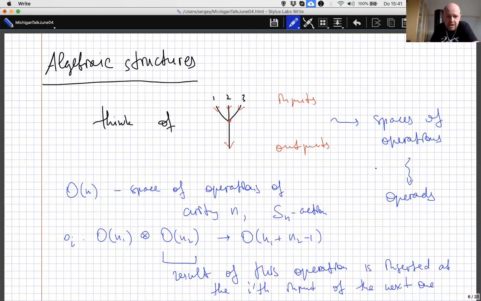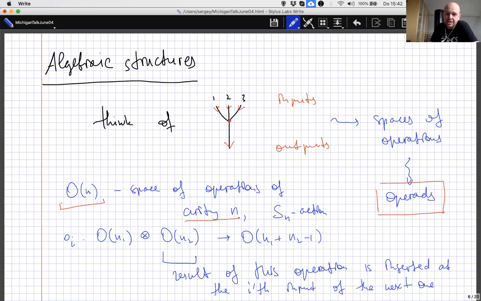So this is my notation, this is the concept of an operad. And O(n) is just the space of all possible operations that I want to have of arity n. Arity n means n inputs, one output.